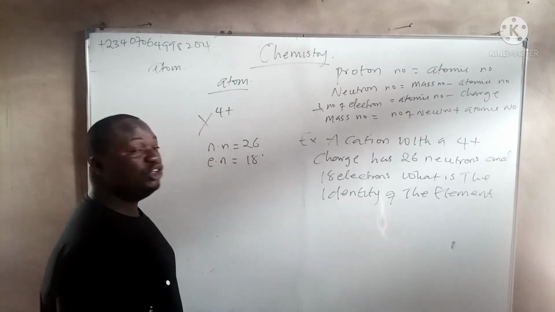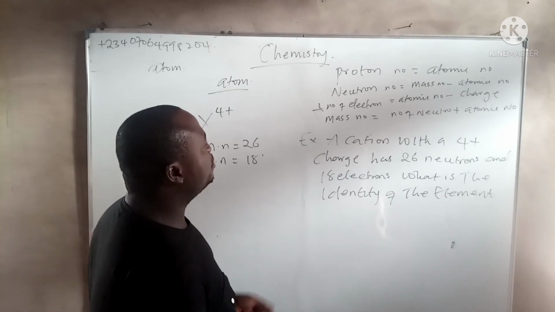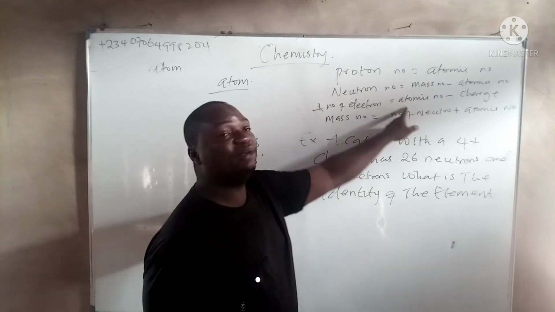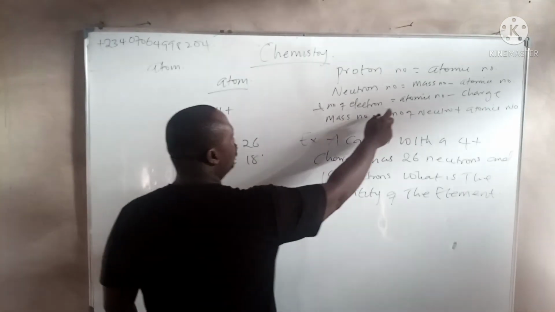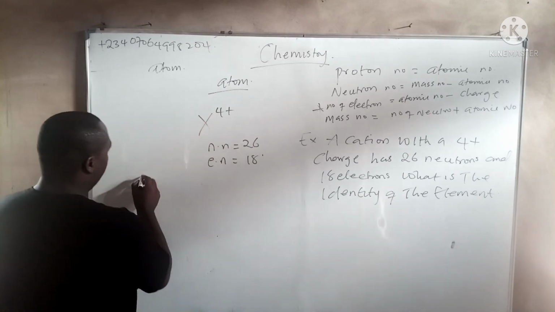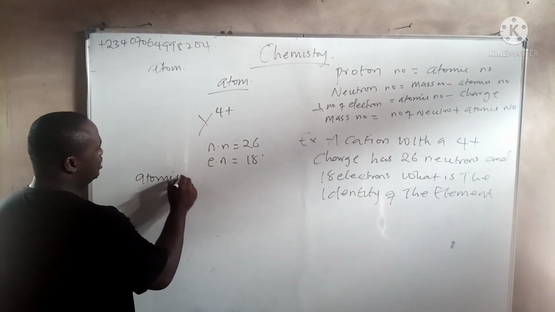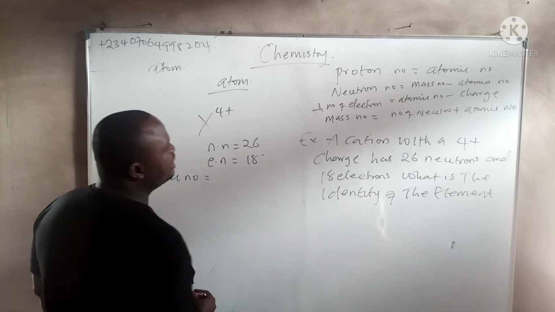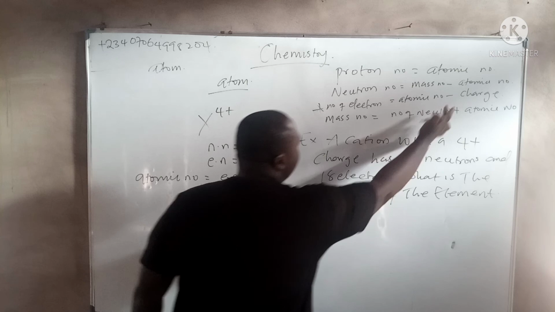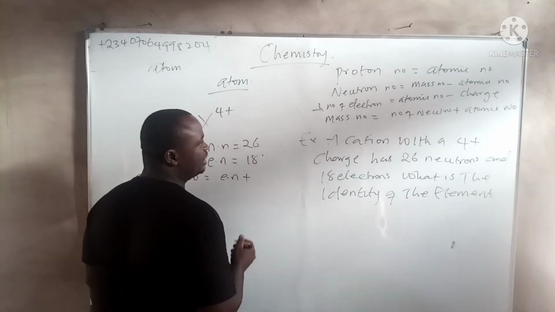Since they want you to know the identity, of course, you should look for a formula that is going to get you the atomic number, which is this formula. Remember, the number of electrons is equal to atomic number minus charge. Therefore, the atomic number is equal to the number of electrons plus the charge, because if this crosses the equals sign, it becomes positive.